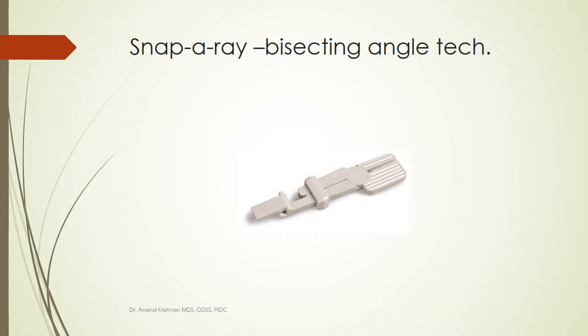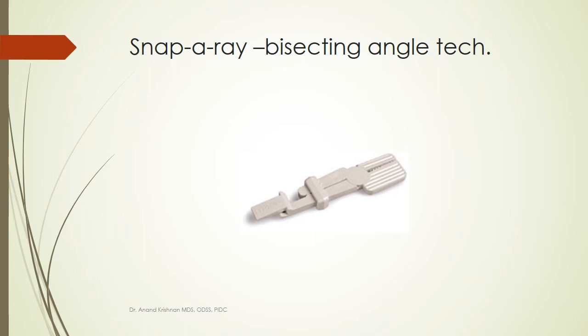So they had to come up with something to position the film inside the patient's mouth and keep it stable there. A lot of things were tried. They used to use artery forceps, and some clip holders, to keep it stable inside the patient's mouth. Then later they developed something called a snap array, what you see on the image now.